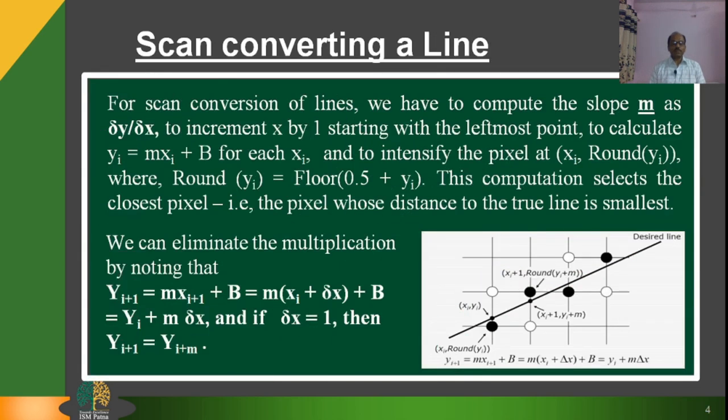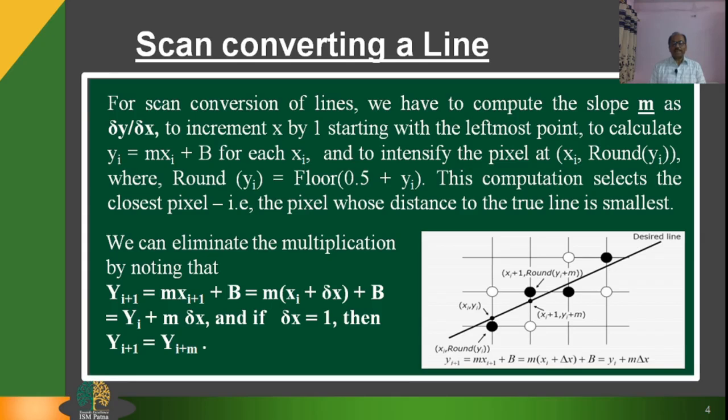The next one is the line. The simplest strategy for scan conversion of lines is to compute the slope m as delta y by delta x, increment x by 1 starting with the leftmost point, calculate yi is equal to m xi plus b for each xi, and intensify the pixel at (xi, round yi), where round yi is equal to floor of 0.5 plus yi.